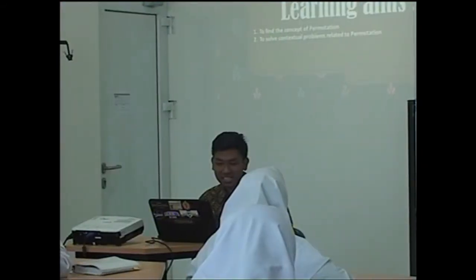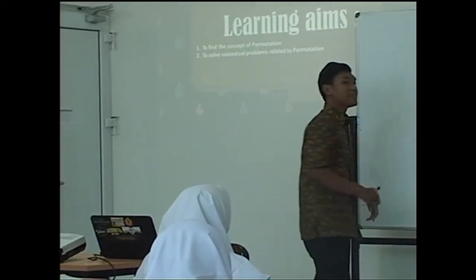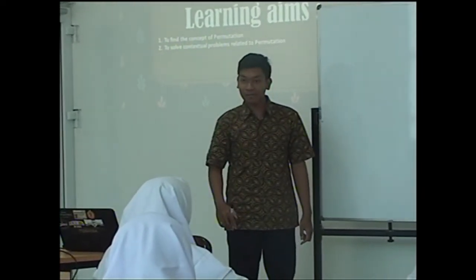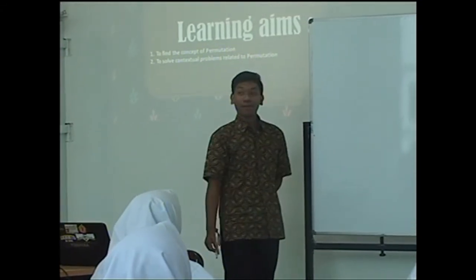Today we will learn about permutations. The goals or aims of our learning are, first, to find the concept of permutations, and second, to solve contextual problems related to permutations. Is it clear? Yes, sir. So, what is the title of our topic right now? Permutations.